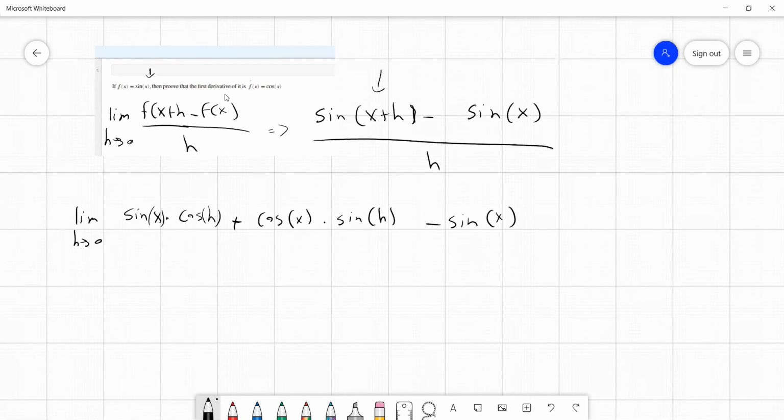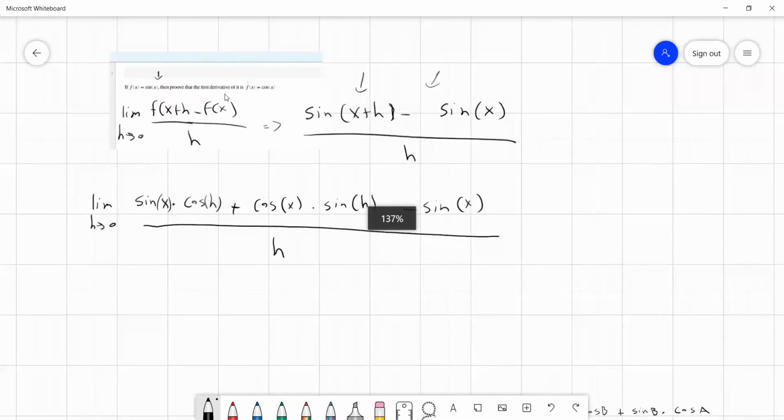Perfect. Yes, it's very long, but the reason why I have to do this is because in this form I can't do anything with it algebraically. So I've got to manipulate it to an extent so that I can work with it a bit.